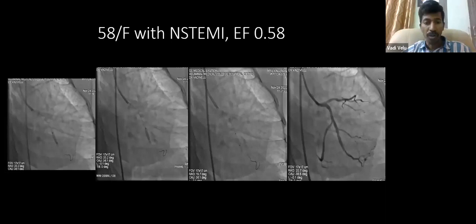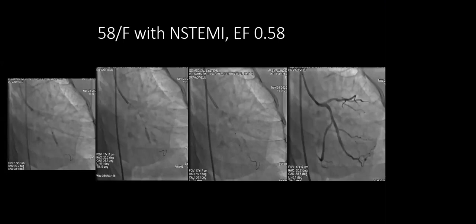Slides are not moving. I think, Velu, if you put off your video and just do audio, maybe you'll get more bandwidth over there. Yeah, that's a good suggestion. Sir, but my slides are not moving. Just stop share, go to the next slide.